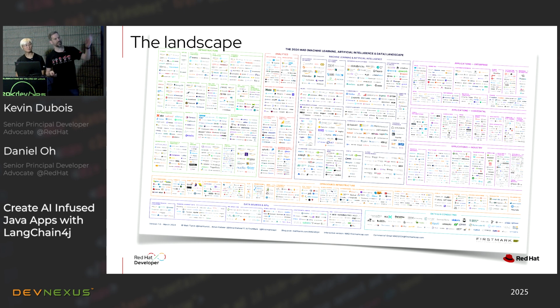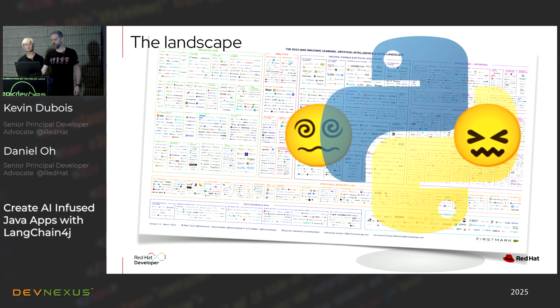So probably by now that landscape is even bigger. But what you'll see with a lot of these is that Python is very central for AI. And we as Java developers are like, well, it's cool. Do we now need to become Python developers? Well, fortunately not, right? So there's definitely a Java angle to AI. And that's what we're going to look at today.